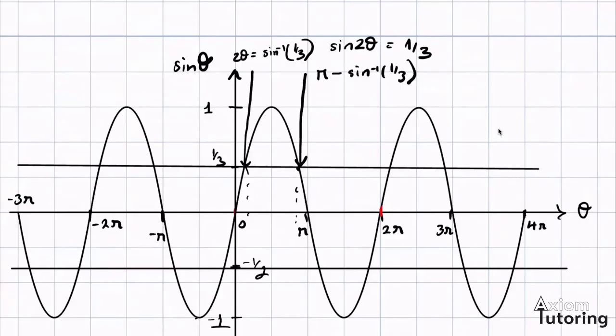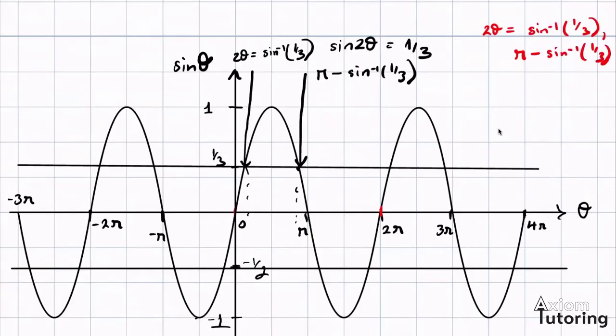So those are our initial values that we're going to use. And I will write that on the right-hand side. So I can write 2 theta equals sine -1 of 1/3 and pi minus sine to the -1 of 1/3.